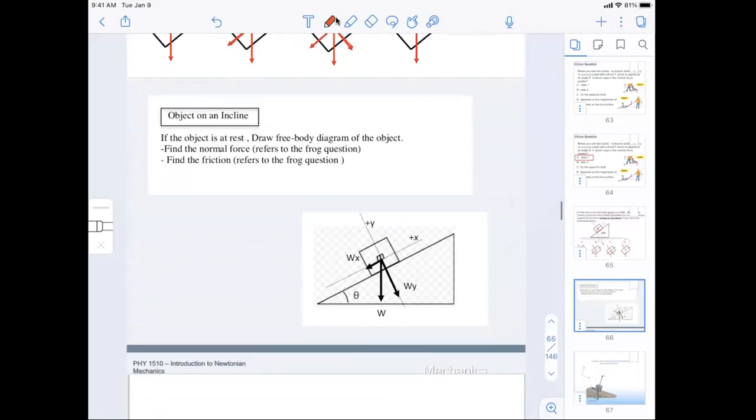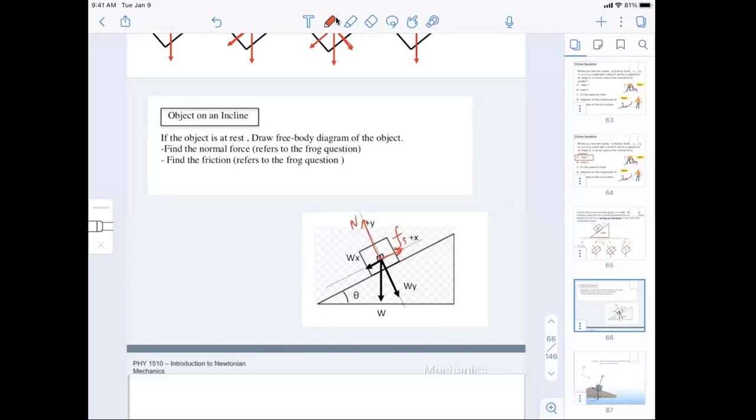So now let's review how we calculate these forces. This is on the handout that I included in the weekly folder. It's simply a box that's sitting at rest on the ramp. To draw a free body diagram of the object, well, we kind of already did, right? The gravity or weight, normal force, and static friction, three forces.